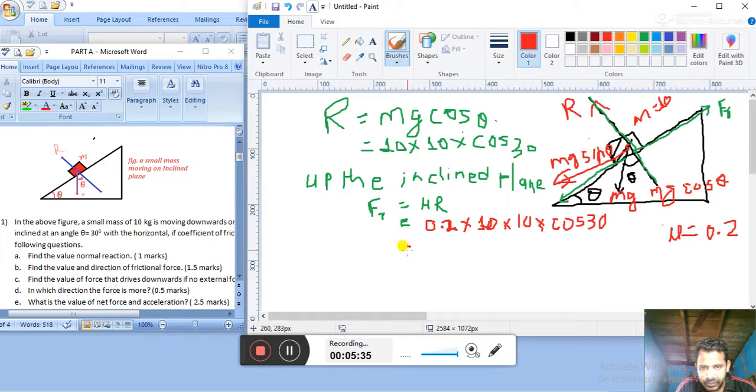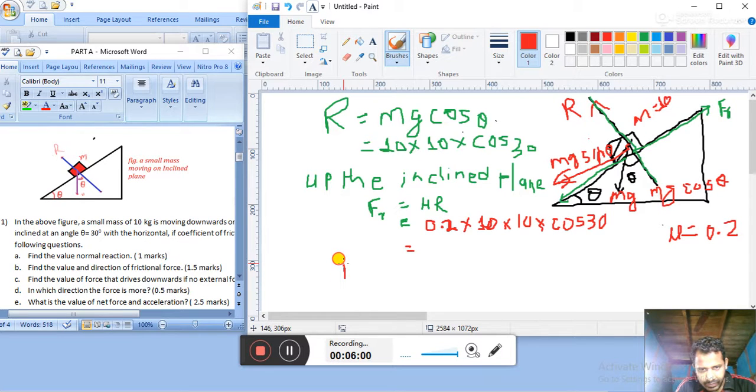Now read the next question. What is the value of the force that drives the mass downward? Which value is driving this mass downward? It is mg sin theta. This mg sin theta acts downwards, and the frictional force is acting upward. So which force drives downward?